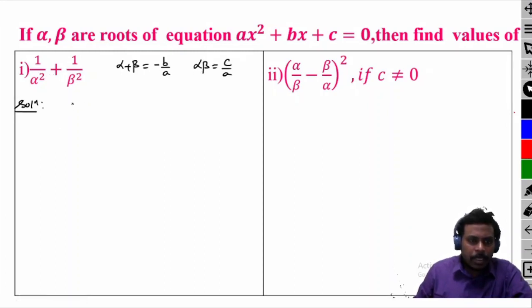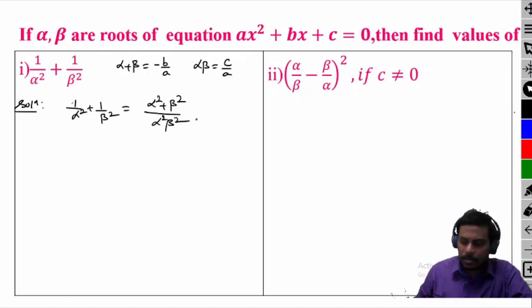Now let us write the given quantity, that is 1 by alpha square plus 1 by beta square, in the known terms. This can be rewritten as alpha square plus beta square divided by alpha square into beta square. Let me rewrite this.